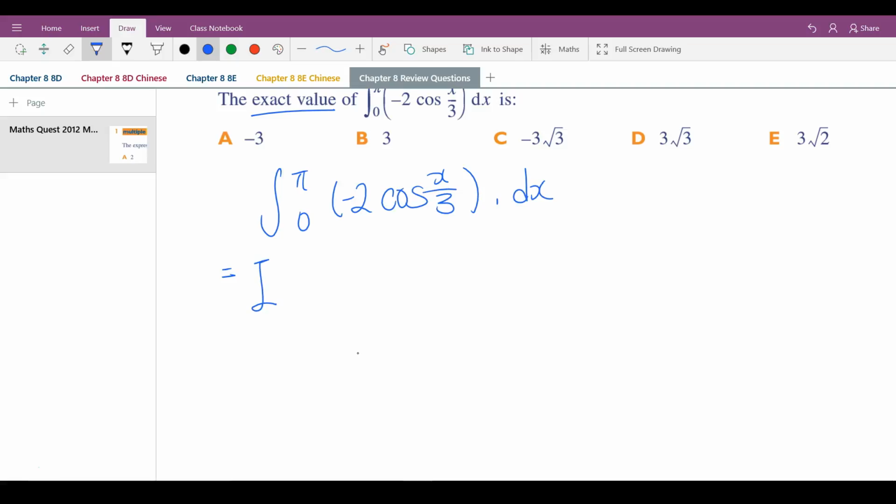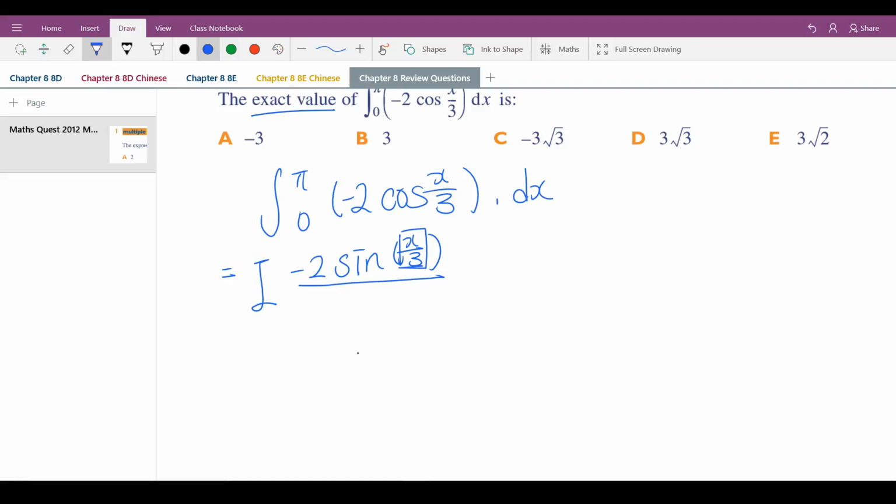Alright, let's integrate. Now, when you integrate cos or whatever, the top bit doesn't change. Oh, sorry, no. Of course it changed. When you integrate cos, what do you get? You get positive sine. Right? And then divided by the derivative of inside the brackets.